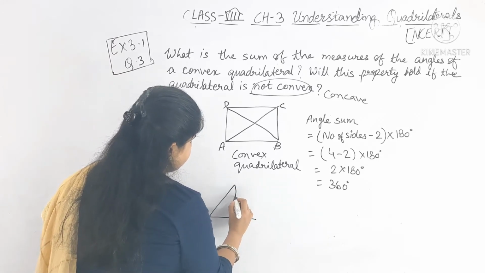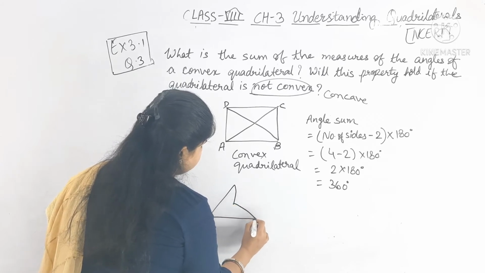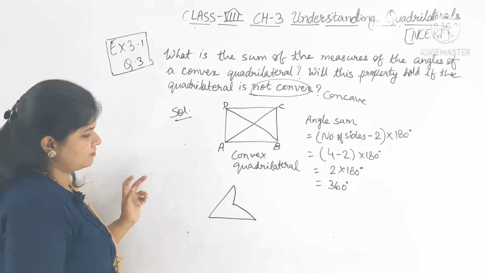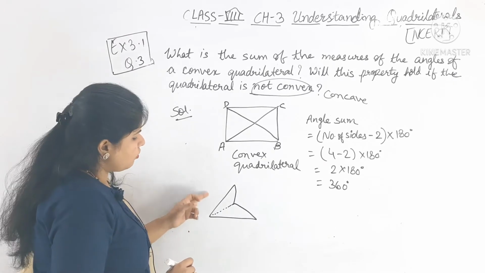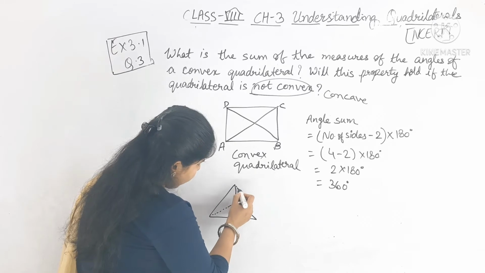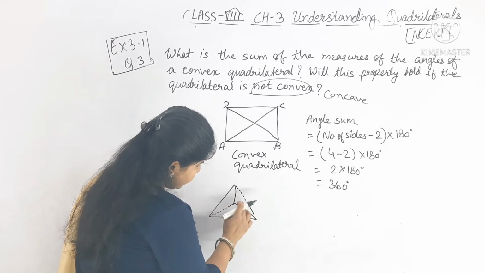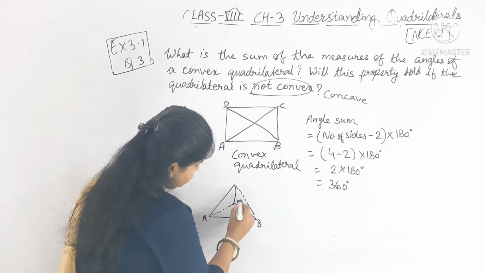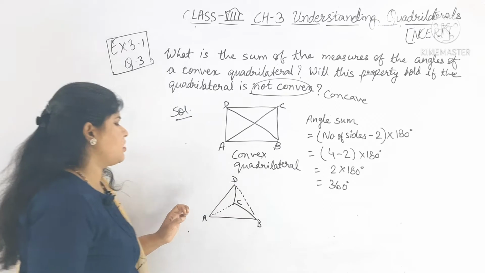Something like this. Okay students, this is the concave quadrilateral. I am drawing the diagonal like this. This is the exterior diagonal and this is the interior diagonal. Okay, so here you can see A, B, C, D.